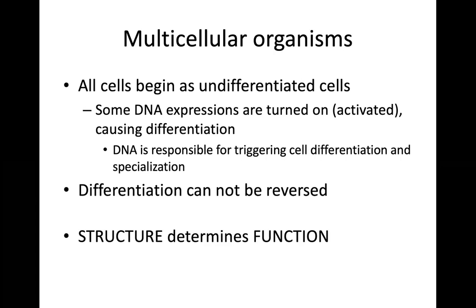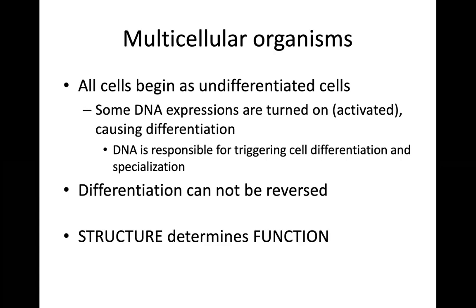So some DNA expressions are turned on or activated, and we're going to talk about this again, causing differentiation. So DNA is responsible for triggering cell differentiation and specialization. Okay? So differentiation cannot be reversed, and keep in mind that structure determines function.